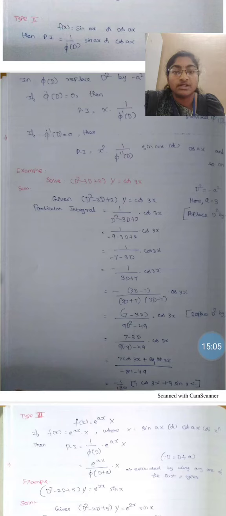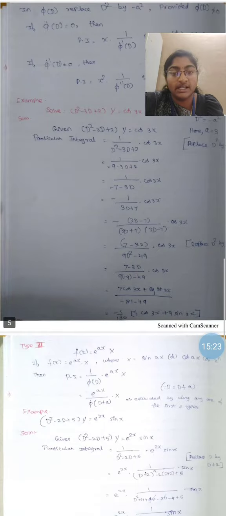Change d square by minus 3 square. It will become 1 divided by minus 9 minus 3d plus 2 into cos 3x. Minus 9 plus 2 is minus 7, minus 3d. Take minus outside. It will become 1 divided by 3d plus 7 into cos 3x.